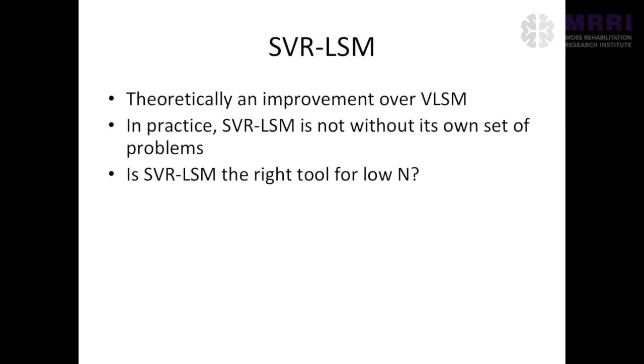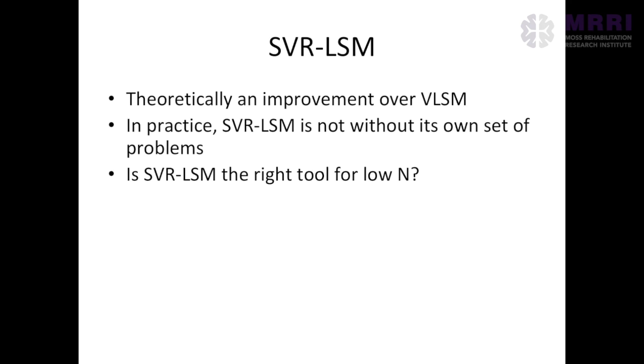One thing in particular is that it's possibly not the right tool to use when you have low N. There's probably some minimum number of subjects that you need for this to be a reliable technique. But as of now, we haven't systematically probed that to figure out what that N should be.